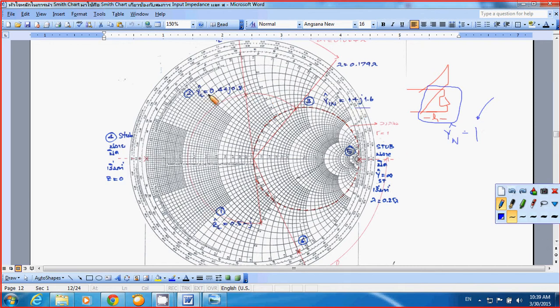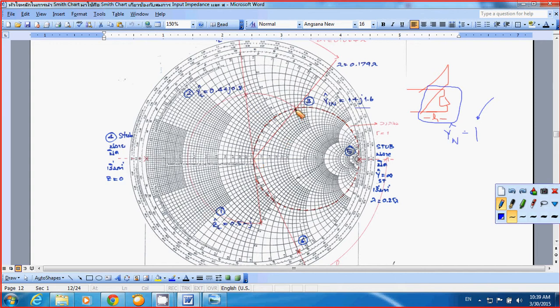So you simply rotate the point of normalized load impedance in the direction of clockwise until you intercept the circle r equal to 1.0.